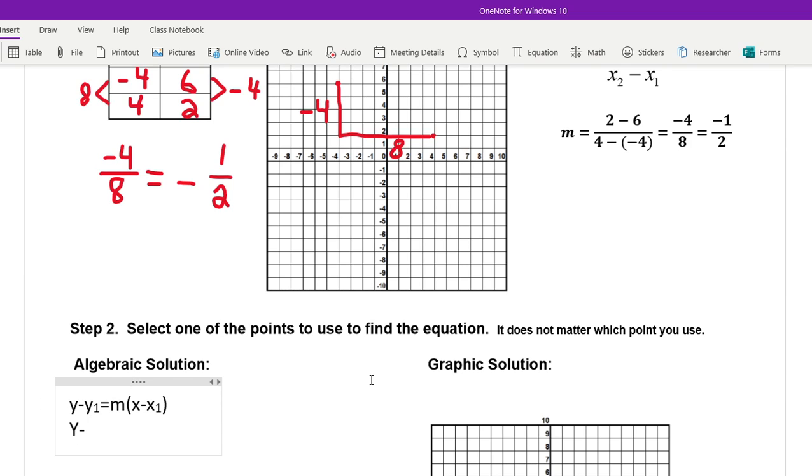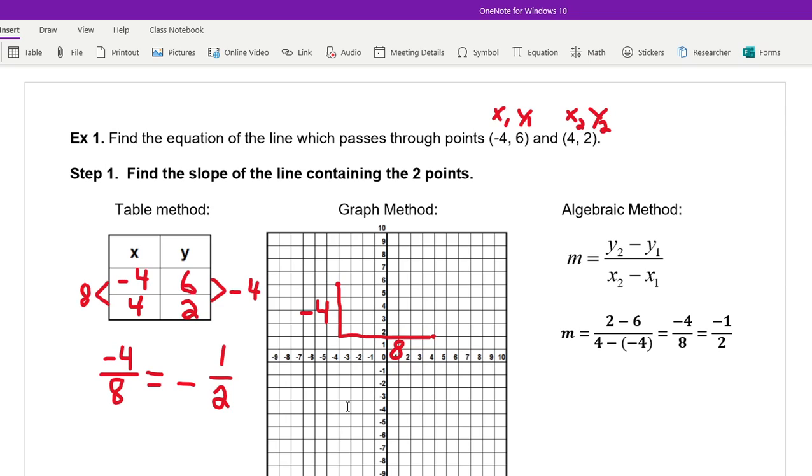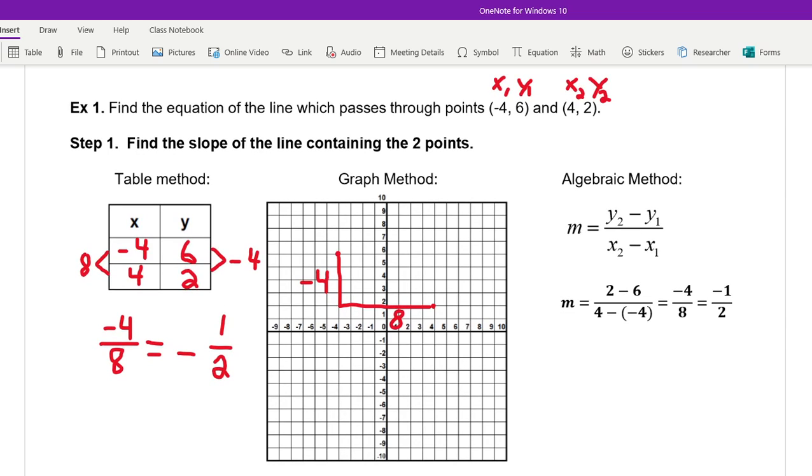So I have y minus y1. I already labeled it, so I might as well use it as the same, which shows up as a -6.